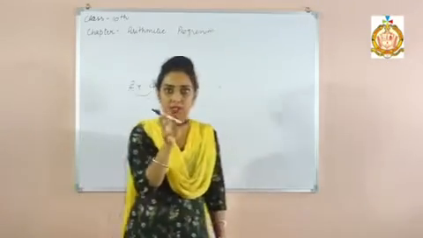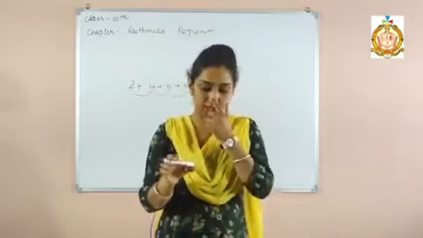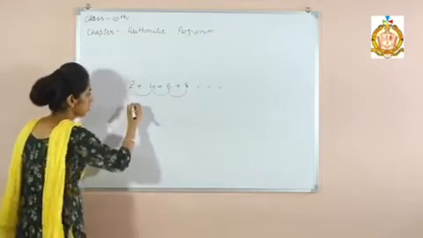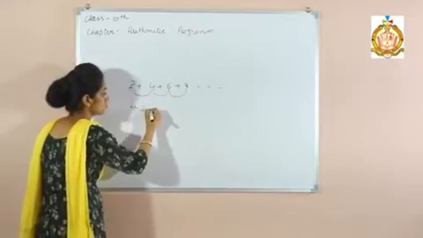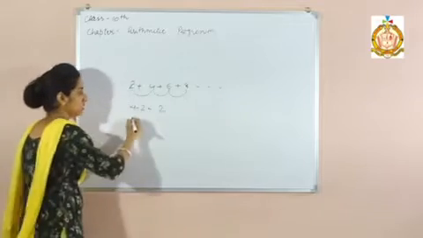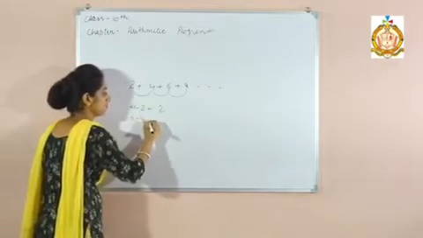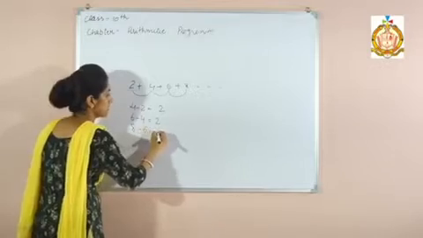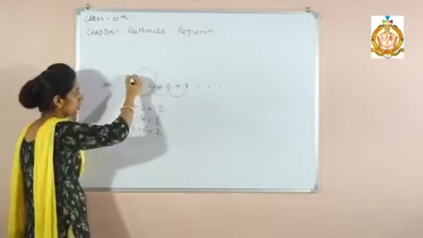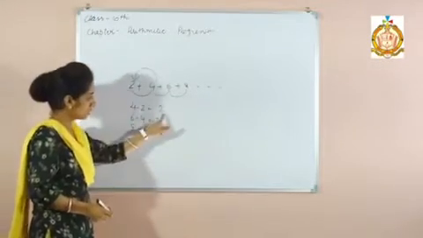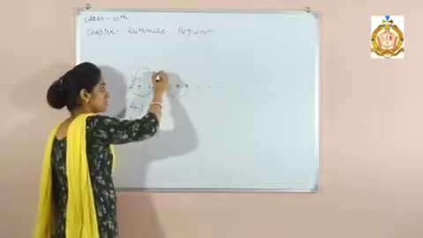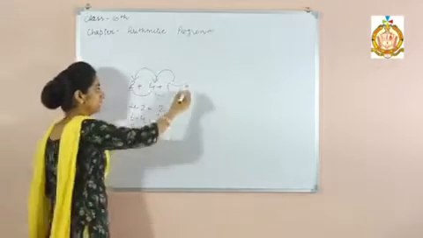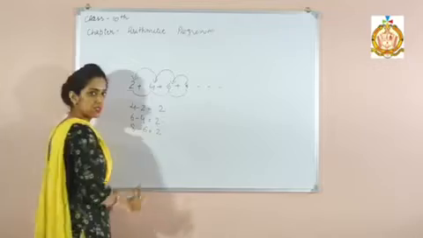Means there is an addition of a fixed number. You can also say 4 minus 2 is 2, 6 minus 4 is 2, 8 minus 6 is 2.